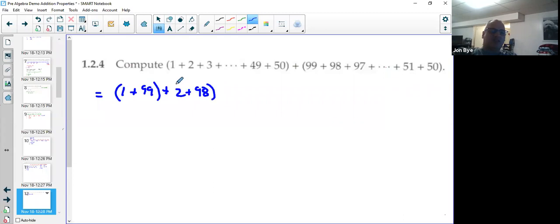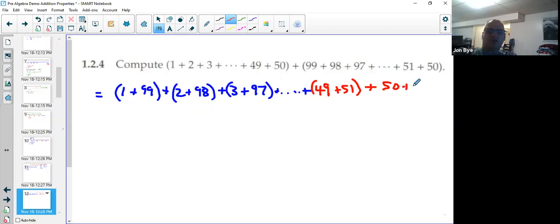Not everybody can see it in their head like you can, Philip, so we just want to make sure everyone's seeing what we're doing here. If we continued, there are 50 additions here, so we got plus dot dot dot plus 49 plus 51, and then 50 plus 50 is the last one.